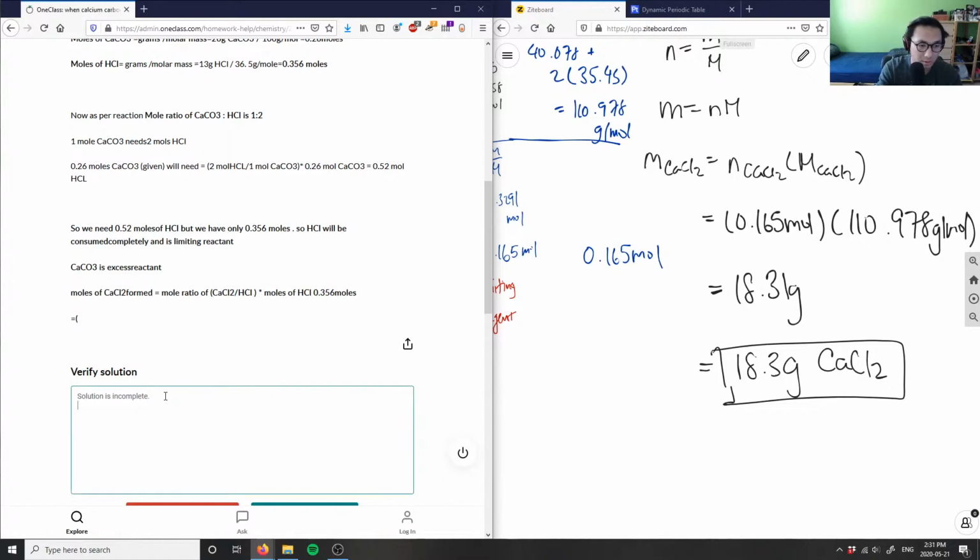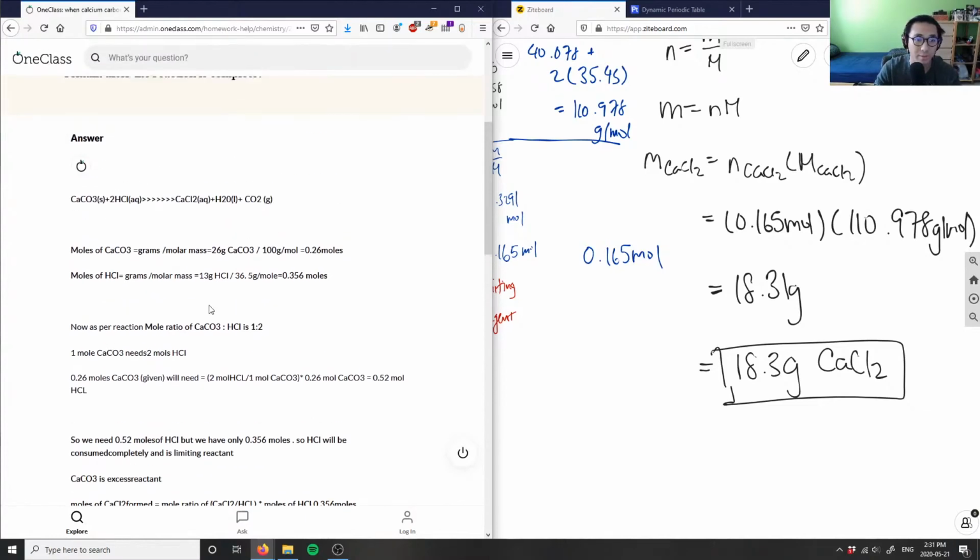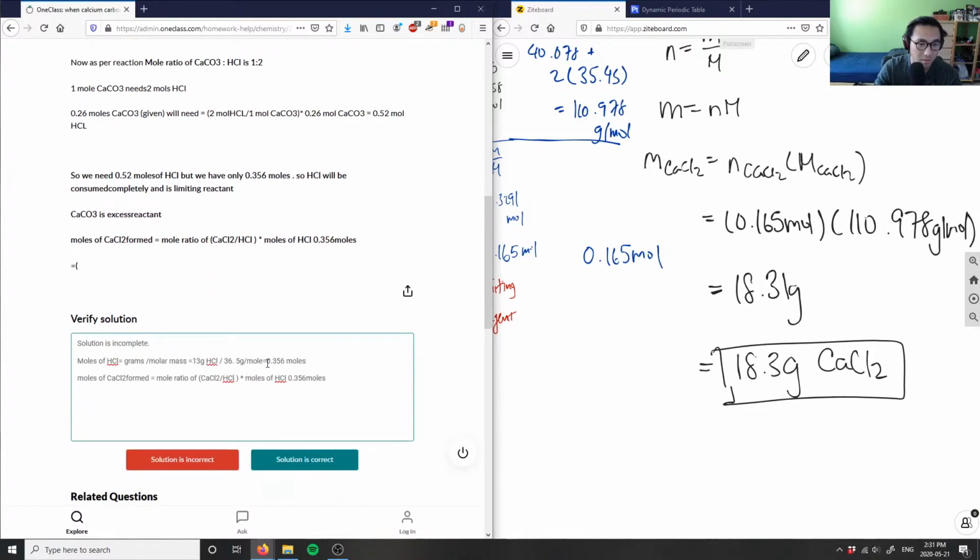So they did this part right. Or actually, no. They actually divided by 13 instead of 12 here. So let me copy and paste this. And this statement should have been 12 grams HCl, not 13 grams of HCl.